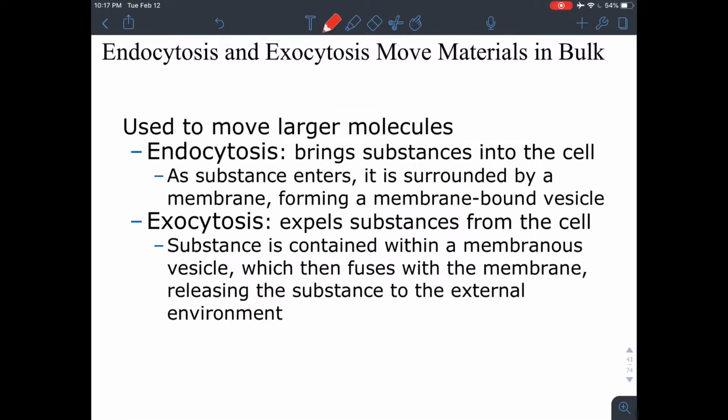All right, so we talked about endocytosis and exocytosis, and that was the idea. If you remember, we go back to that diagram of the organelles within the cell. So we're packaging up stuff in the Golgi apparatus. That's our packaging and shipping center. And we're putting them into vesicles.